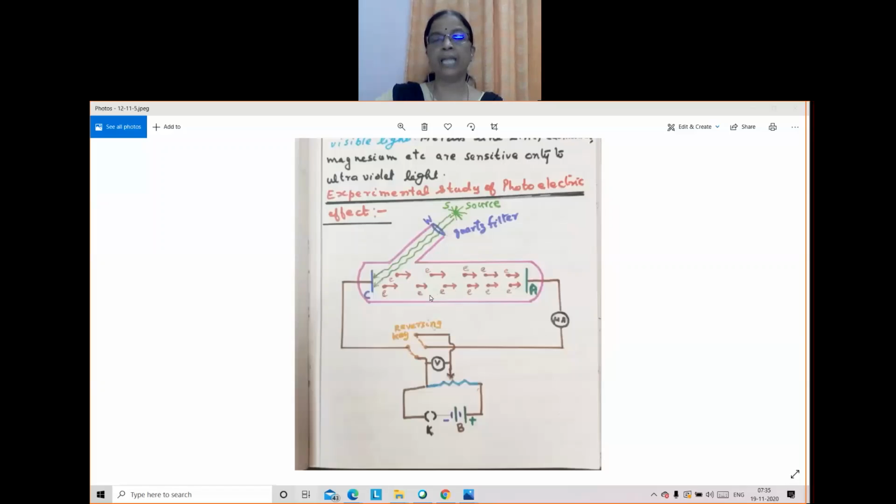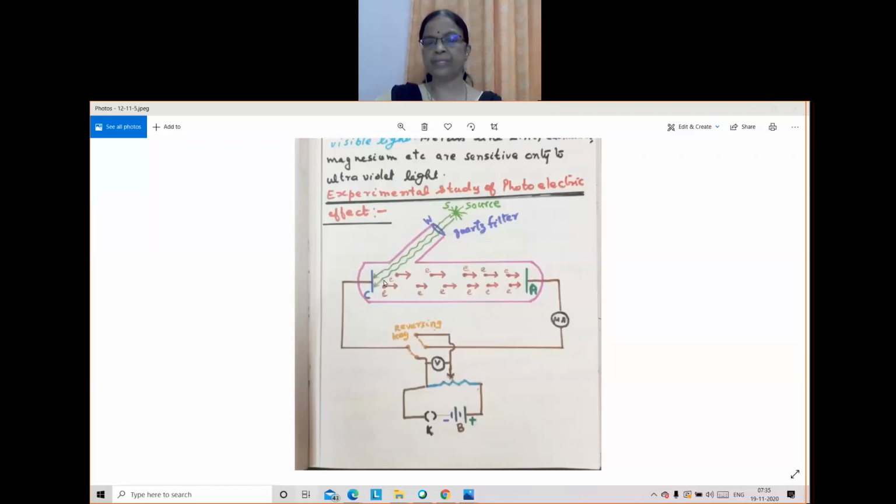Less than the threshold frequency, if energy is incident, will electrons be ejected? If the incident light has a frequency less than threshold frequency, no electrons will be ejected. So there exists a minimum frequency of the incident radiation below which no emission of electron takes place.